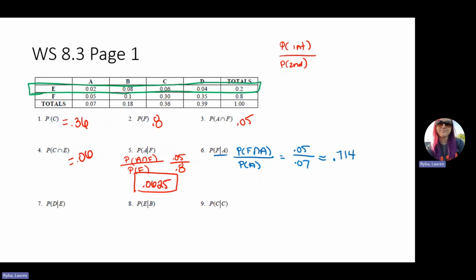Well, the probability I get D is 0.04 out of a total of 0.2. And that 0.04 is the intersection of E and D over the probability of E, 0.2. 0.04 out of 0.2 is 0.20 or 20%.